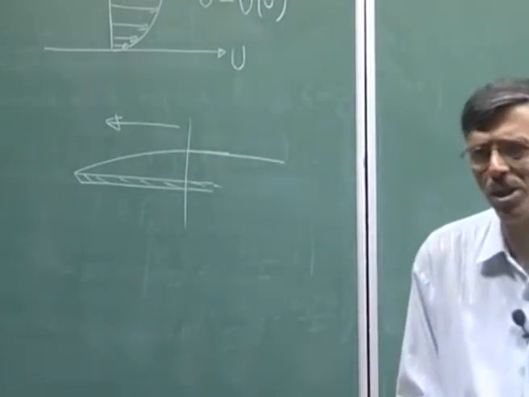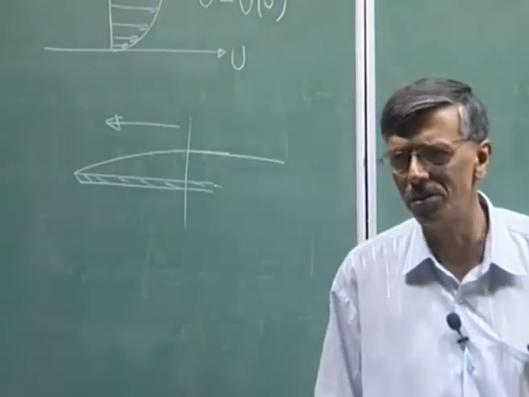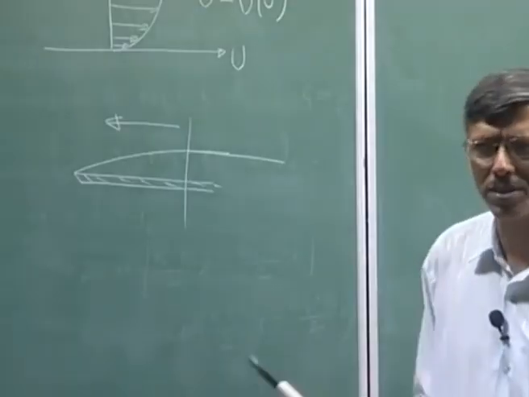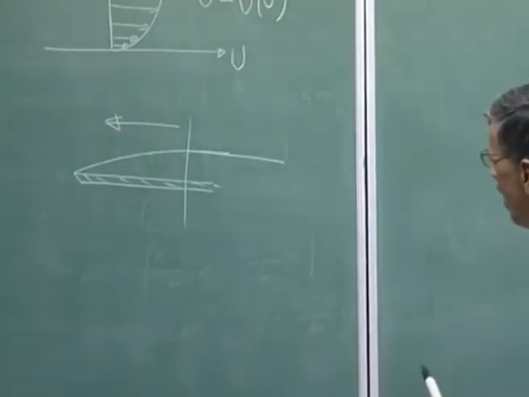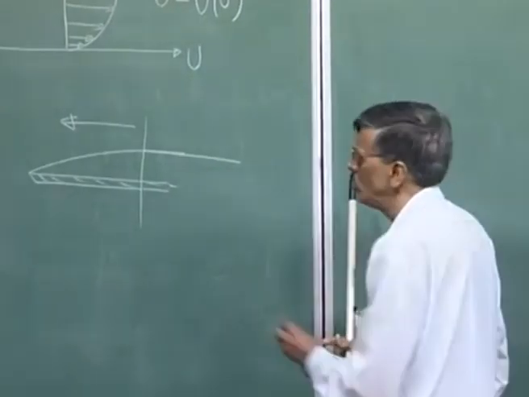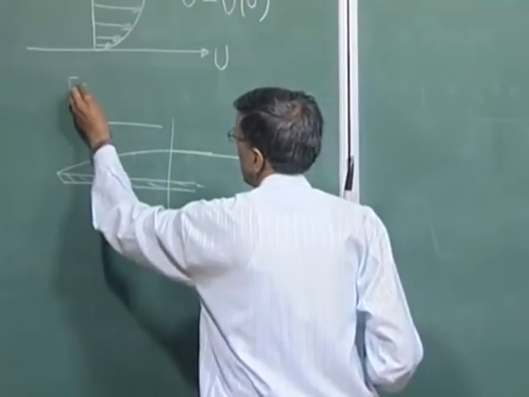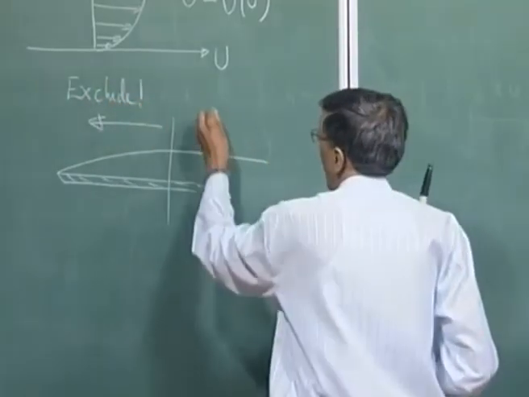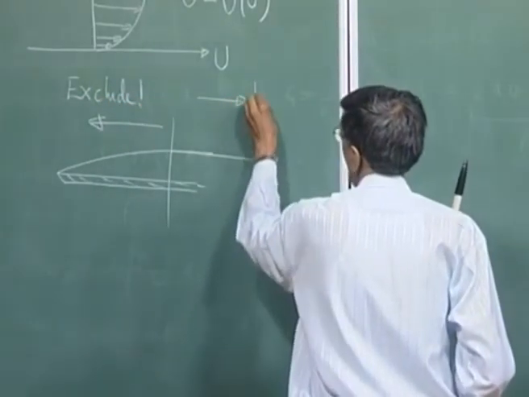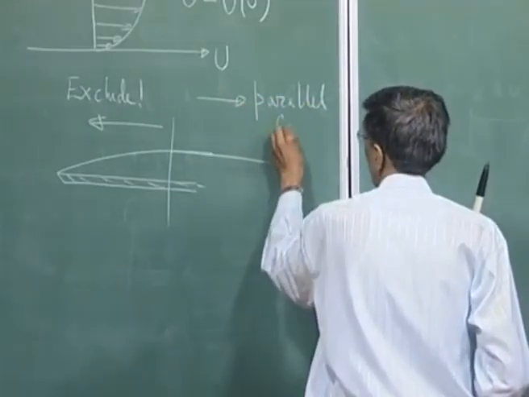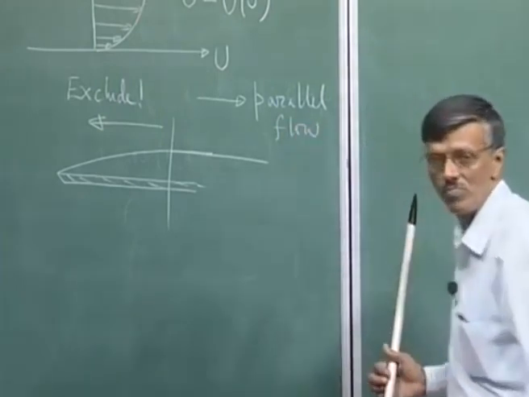And that is precisely what you do get to see. Even if you go to a tunnel and do the experiment, you are going to get a similar profile. So if I leave out this part of the flow, we exclude it in this study, and this is where we are justified in talking about parallel flow.